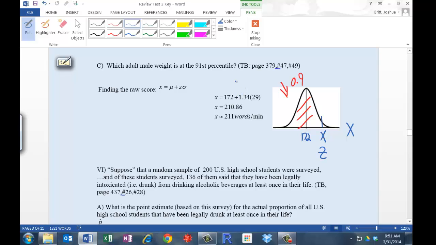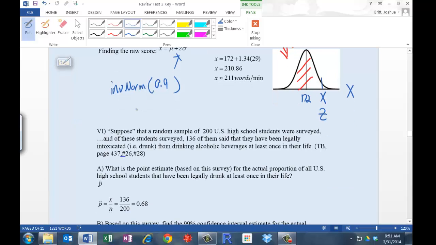Z is 1.34. So then we just plug everything in. We get approximately 211 words per minute. The z-value, by the way, is inverse norm of 0.9, with mean and standard deviation 0 and 1. This is 1.34.